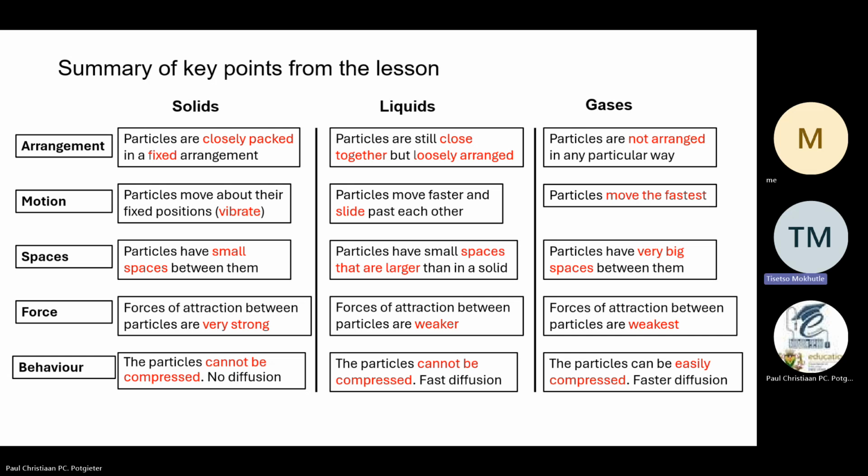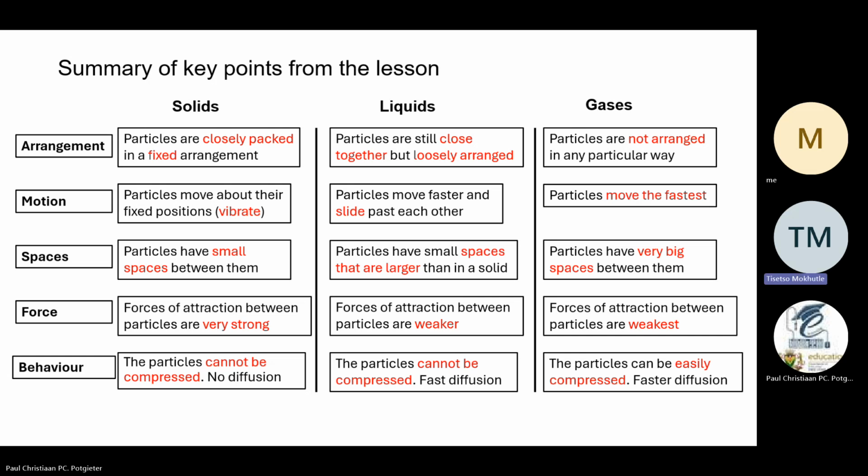Let us start with the arrangement. As a summary, particles in a solid are closely packed and are always in a fixed arrangement. Particles in a liquid are close together but are loosely arranged. Particles in a gas are not arranged in any particular way.